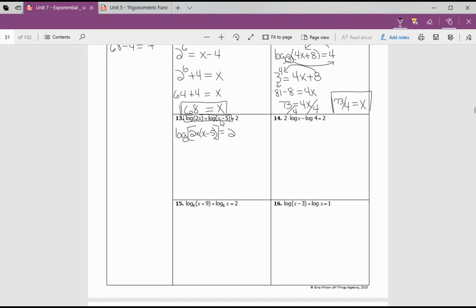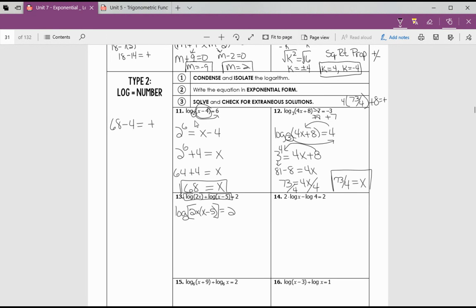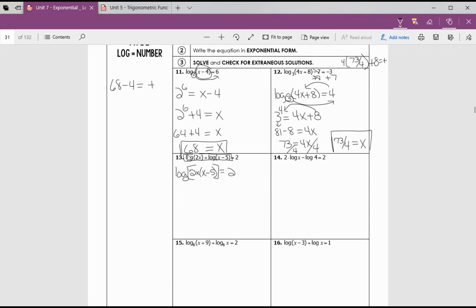When you do not see a base number like we had with our 2 up here and our 3 in number 11 and 12, it's an understood base 10. So now I'm ready to grab my base, raise it to my power. So 10 squared equals 2x squared minus 10x. I went ahead and distributed that value in there.